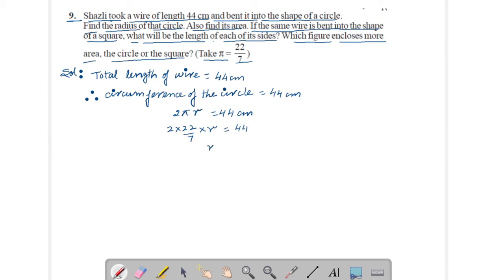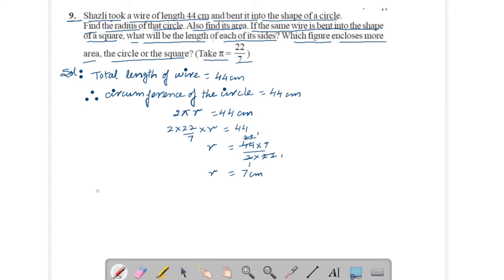R equal to 44 into 7 upon 2 into 22. Solve this. Cancel 2 once, 2 22 times, and 22 once, 22 once. R is equal to 7 centimeter.